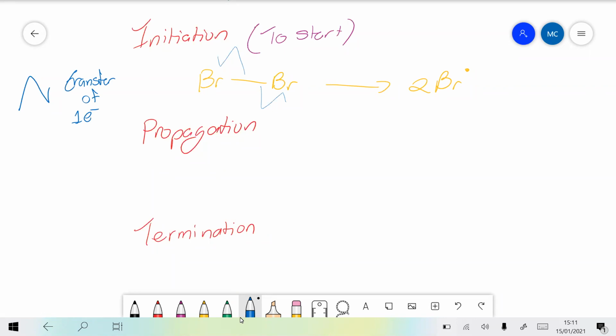So anytime you see one arrowhead, it is the transfer of one electron. Now, up to A level, this was an accepted mistake, but this will not be the case at university. The arrows have to be perfect. Okay? They start from the bond and they go to the respective atom.